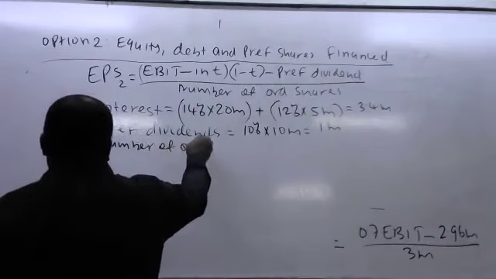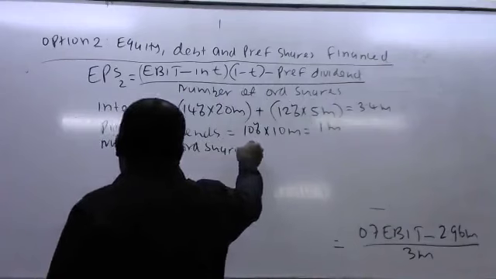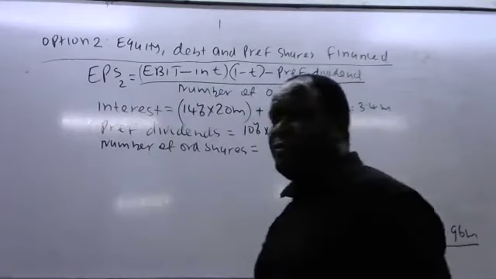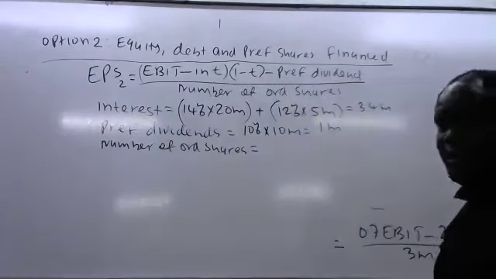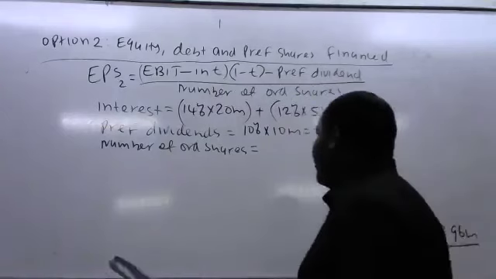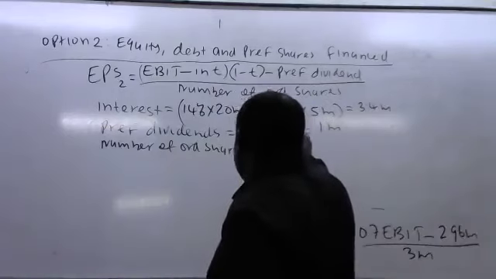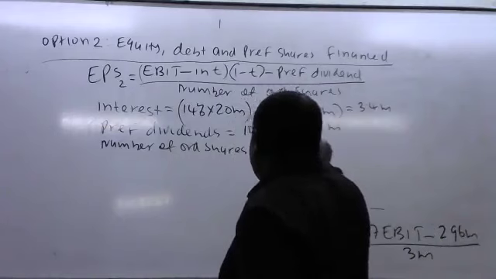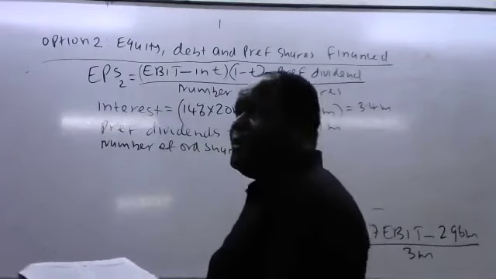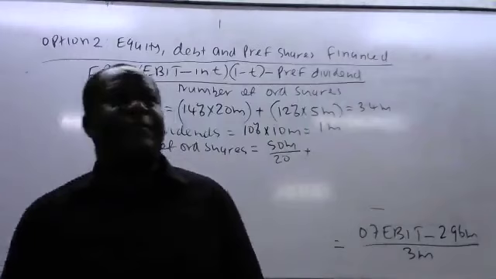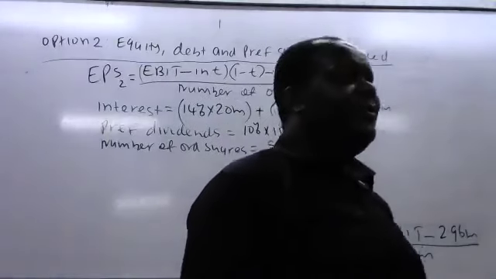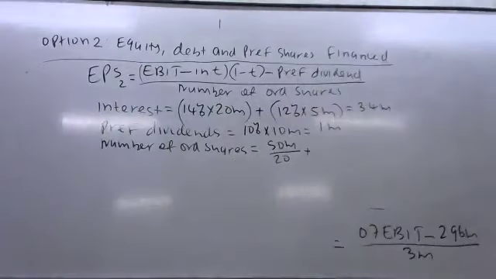Now we also compute the number of the ordinary shares. Currently in the capital structure, it was 50 millions. The par value was 20. Then a half of the amount to raise. Now your option 2. A half of the amount to raise comprising ordinary share is 5 million.